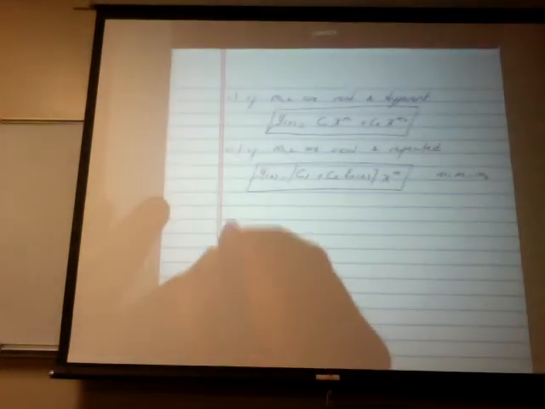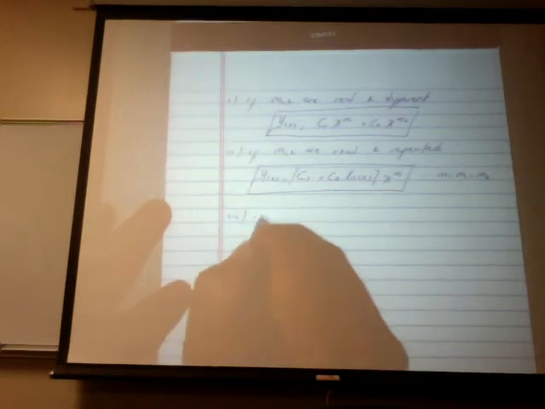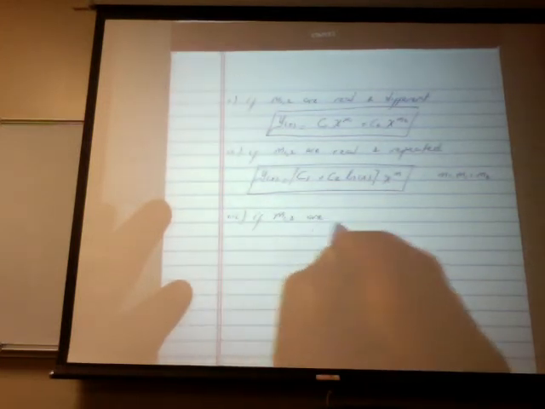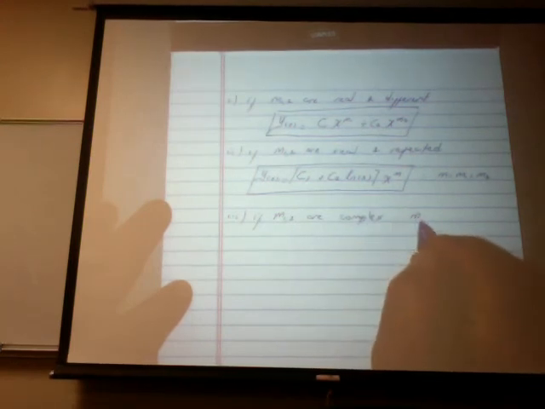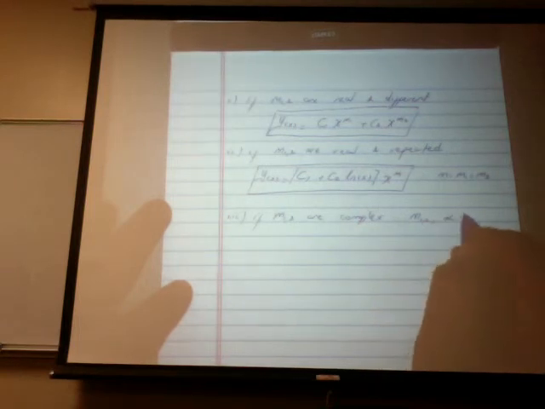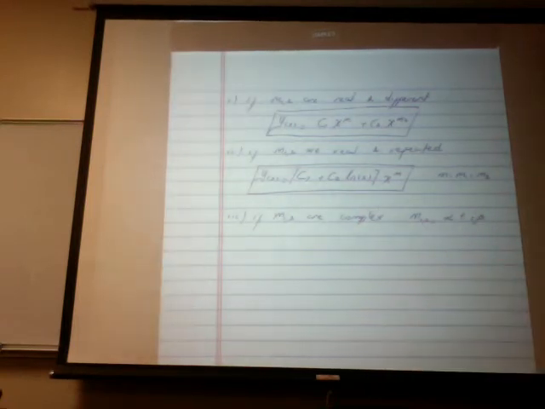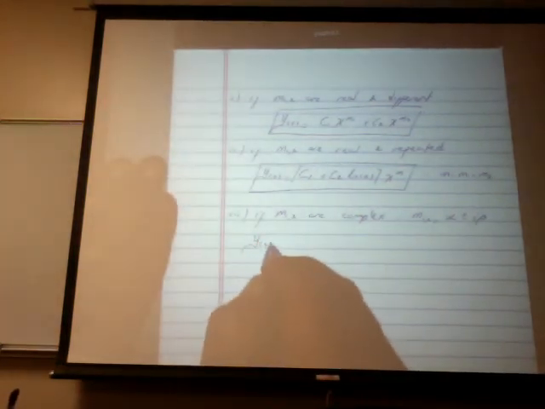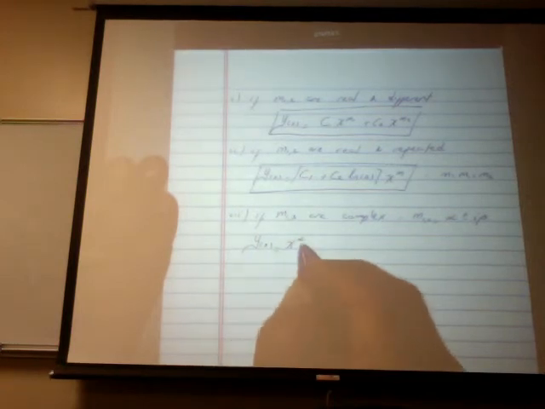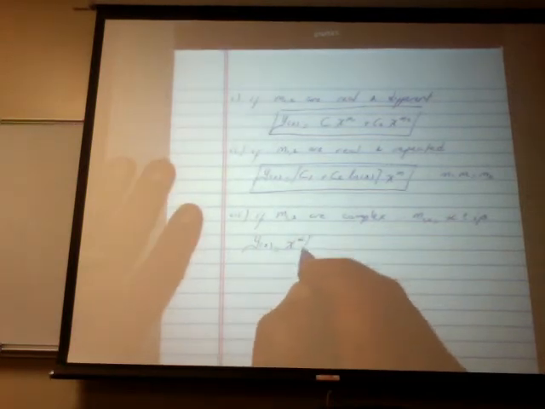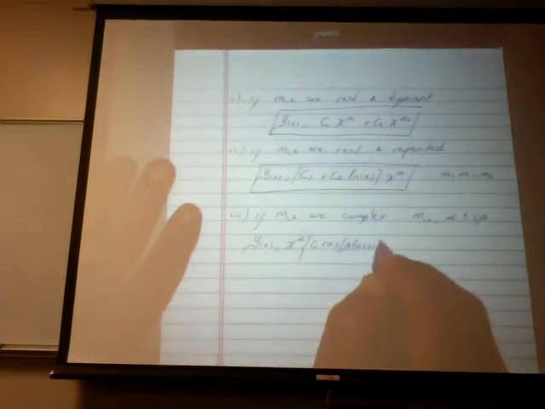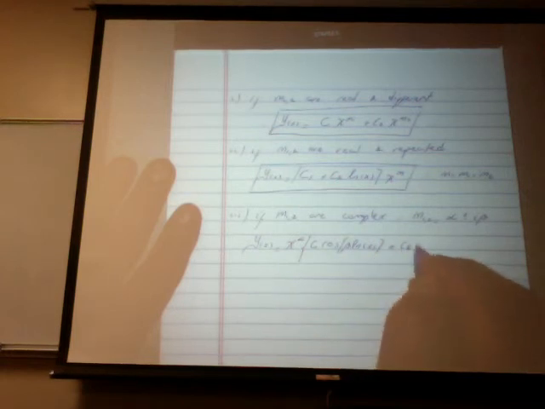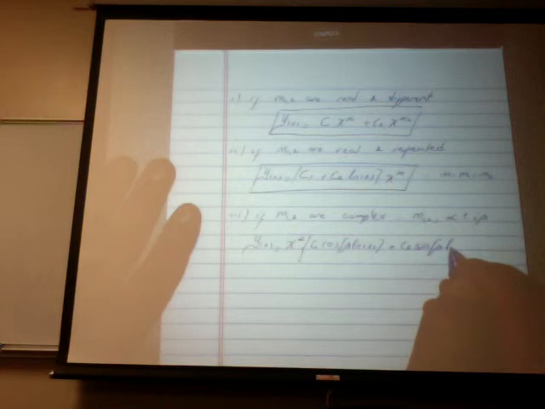And case 3: if m1 and m2 are complex, meaning that m1 and m2 are equal to alpha plus or minus i beta, the solution y of x is equal to x to the alpha times c1 times the cosine of beta log of x plus c2 times the sine of beta log of x.